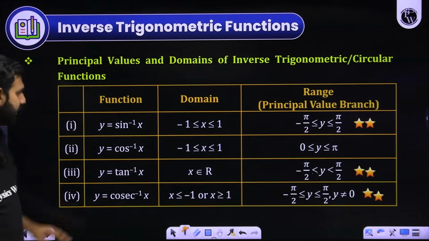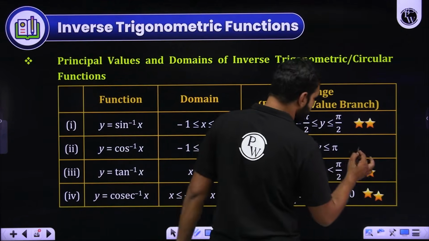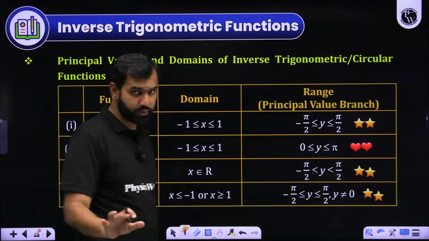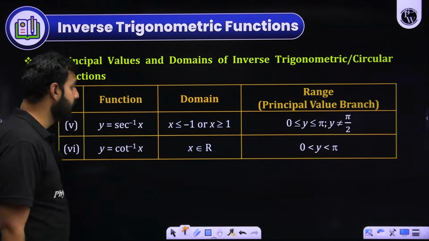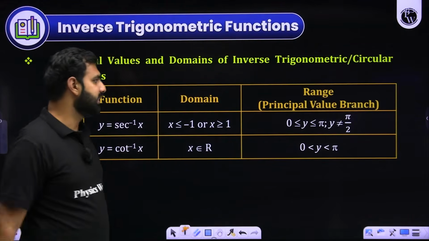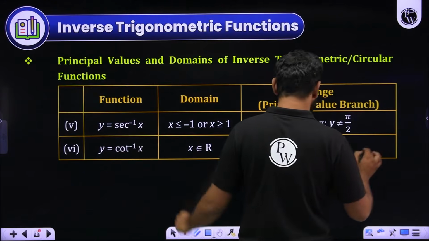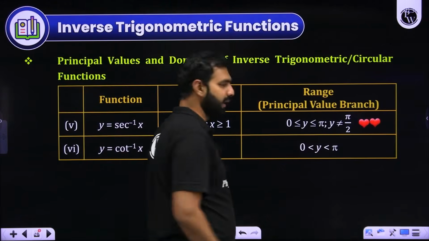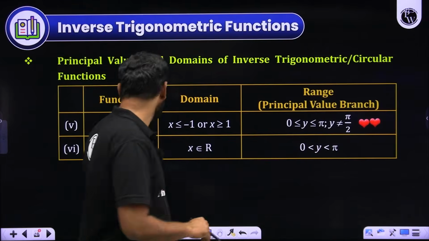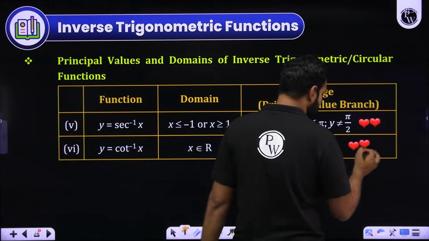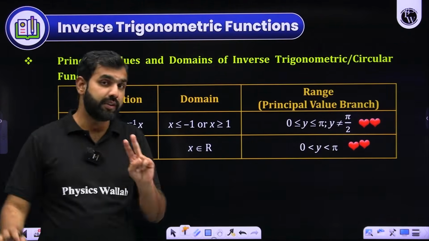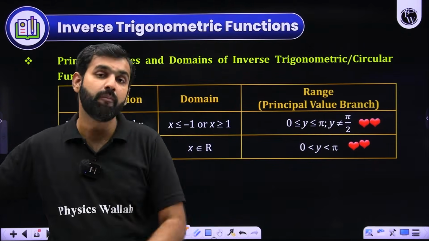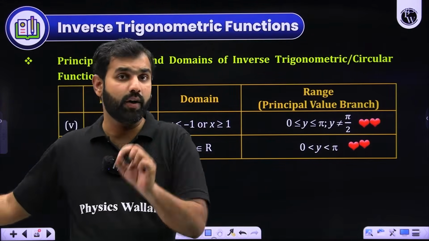I hope you're realizing for cos inverse x, I can see its principal value range from 0 to pi, closed interval, both included. And then sec inverse x, I hope you can see, is also from 0 to pi. Of course, pi by 2 won't be included here. And at cot inverse x also, it is from 0 to pi, but open interval. So these three are similar, and the other three are similar. That's how you can categorize them.